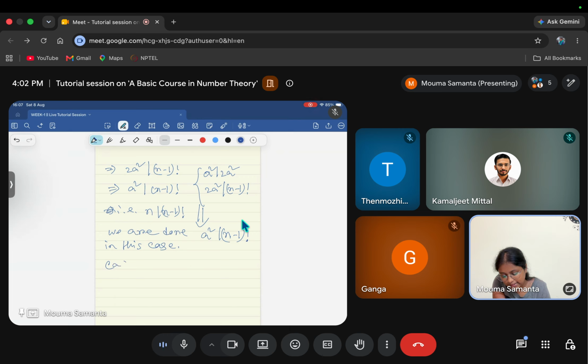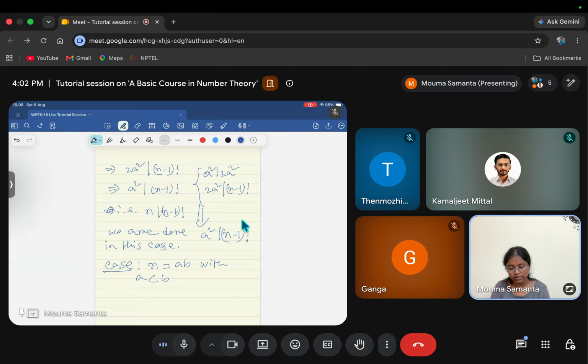Now another case is left. If n is not a perfect square, I am saying n equals a times b, where a is less than b. You can take b less than a also, but my main motive is to say here that a and b are two distinct integers, and since they are two distinct integers, one will be less than the other.